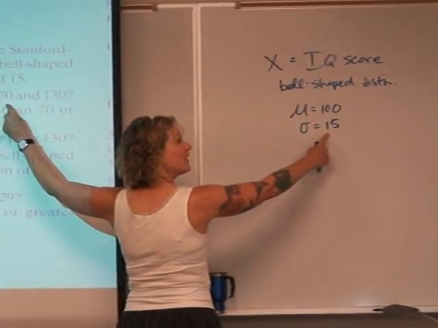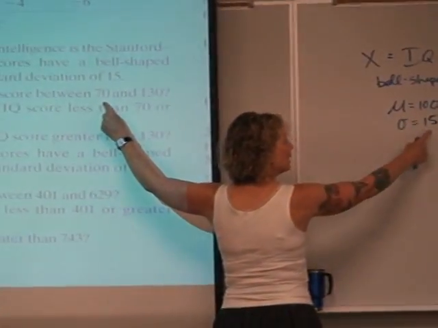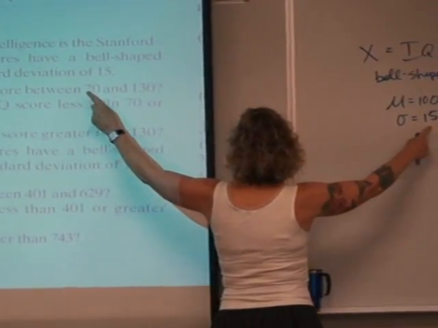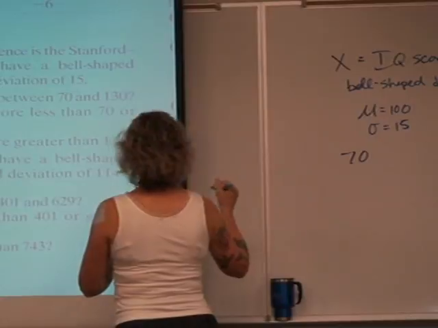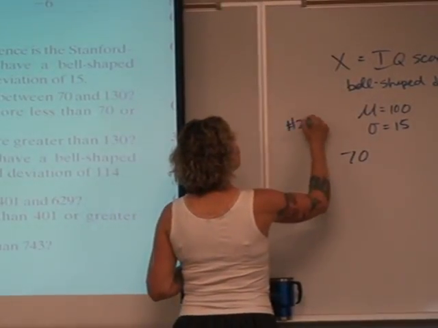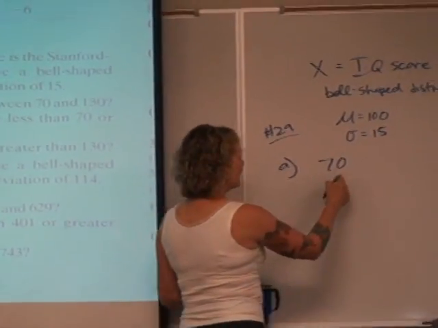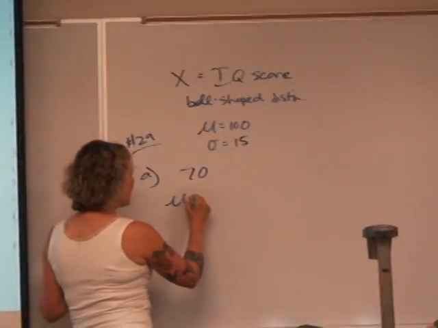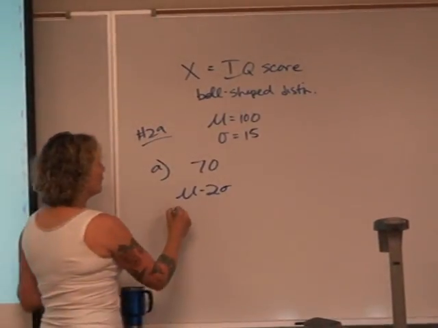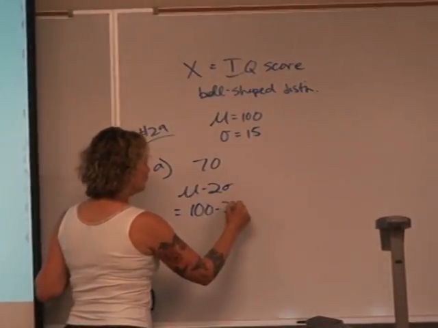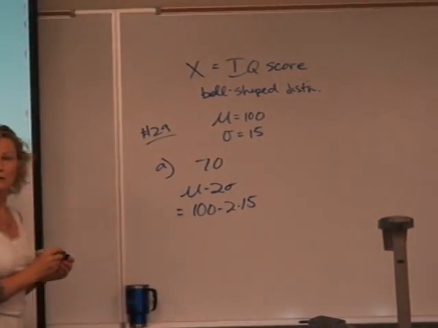We would be at 85, right? Subtract it again, we there? Yeah, so the 70, and this is number 29, the 70 is the mean minus 2 standard deviations, right? Or 100 minus 2 times 15. Do you agree? Does that make sense?